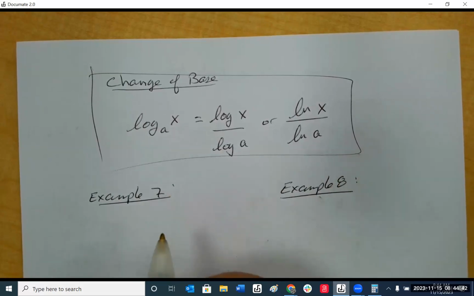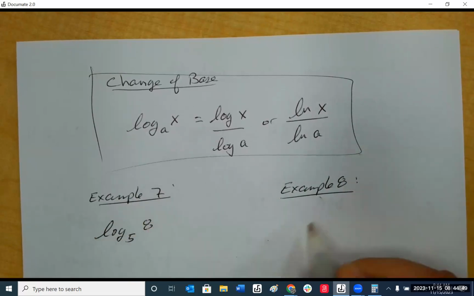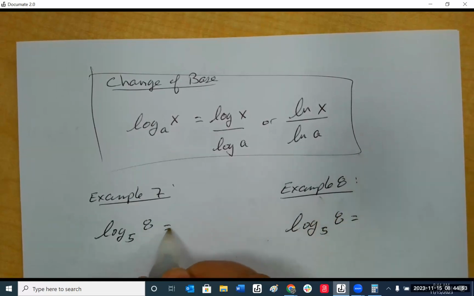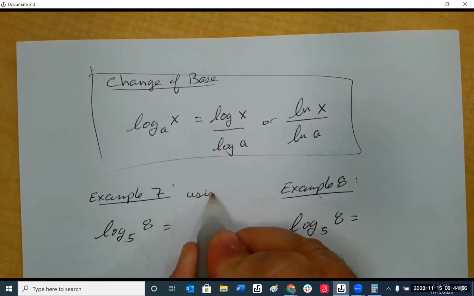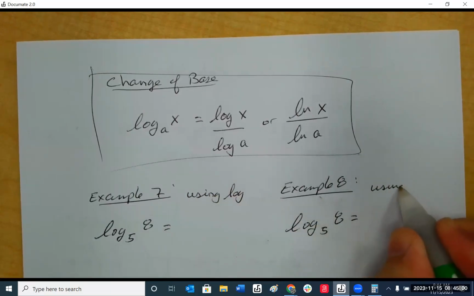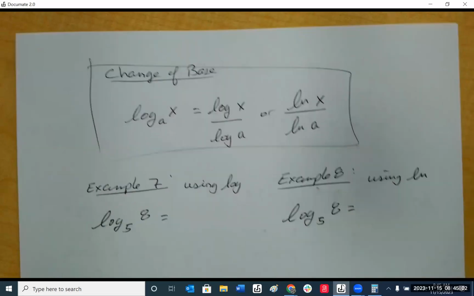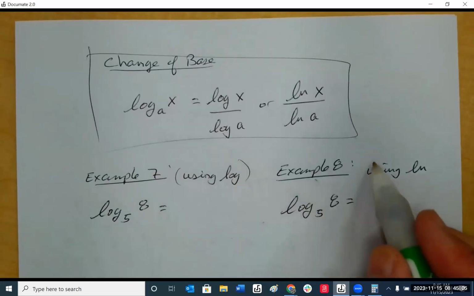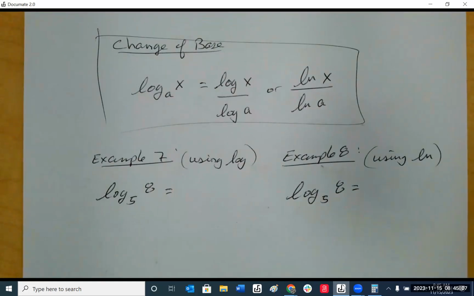Example 7 and 8 are going to be using log, using ln. So what would this one look like?